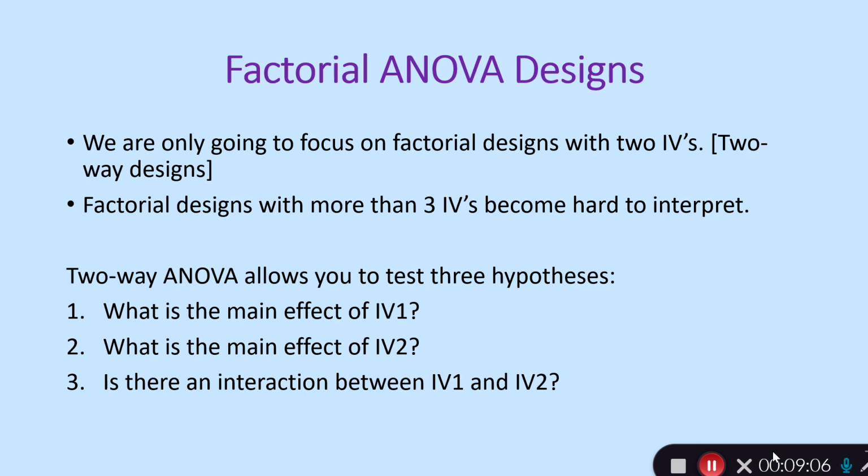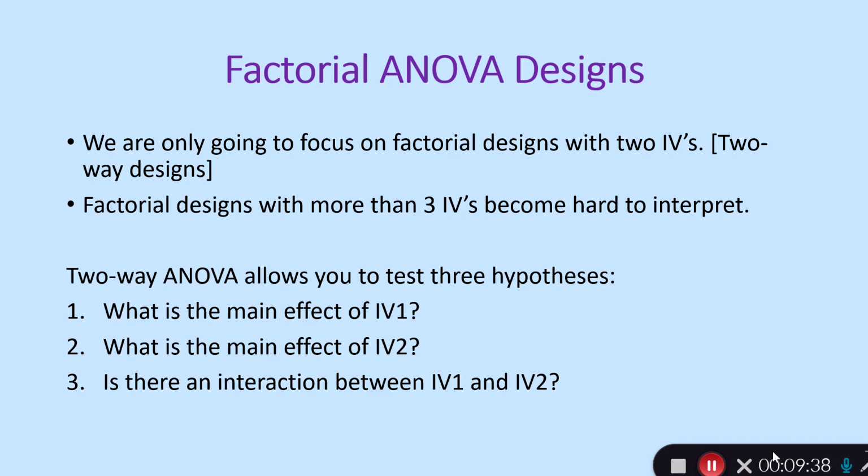Okay, a word of caution in relation to factorial designs such as this: a factorial design with more than 3 independent variables becomes very hard to interpret. So I wouldn't recommend it. Usually you will find that people use 2 and at the most 3 when they're doing experiments of this type where you've got multiple categorical variables. If you have more than 3, actually interpreting what is going on becomes quite tricky.